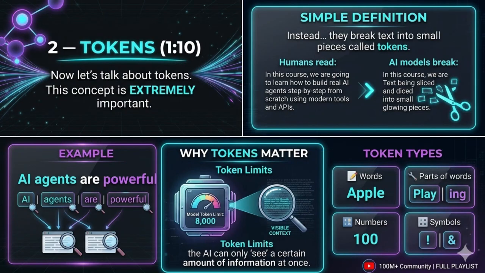Let's use a real-world analogy. Think of tokens like human short-term memory. If you overload the AI with too much information, older information may disappear from context. This becomes very important when building an AI agent with memory, long conversations, document analysis, or RAG systems.